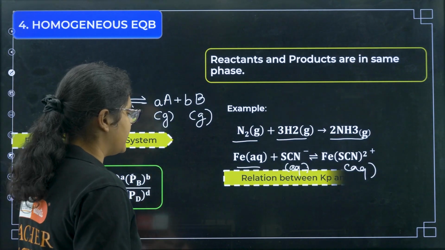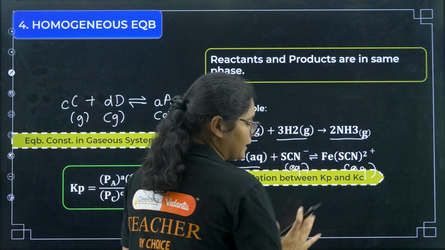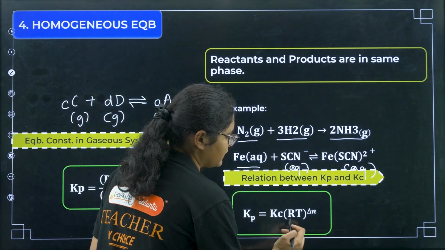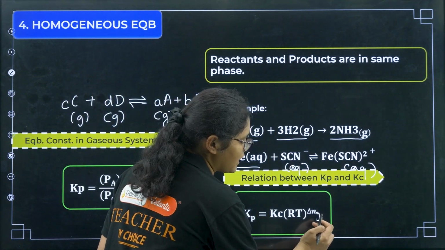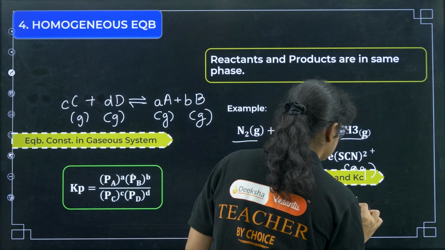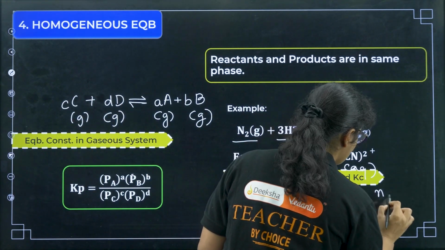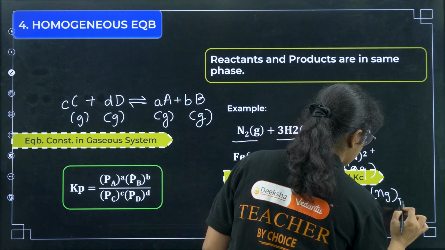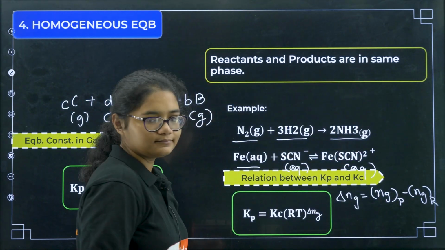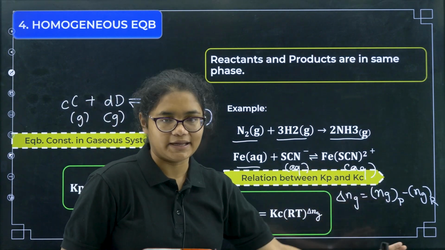Next, what is the relation between Kp and Kc? This is a very important formula. Kp is equal to Kc into (RT) to the power of delta ng. Now what is delta ng here? Delta ng is equal to the number of gaseous moles of products minus the number of gaseous moles of reactants. Products minus reactants.